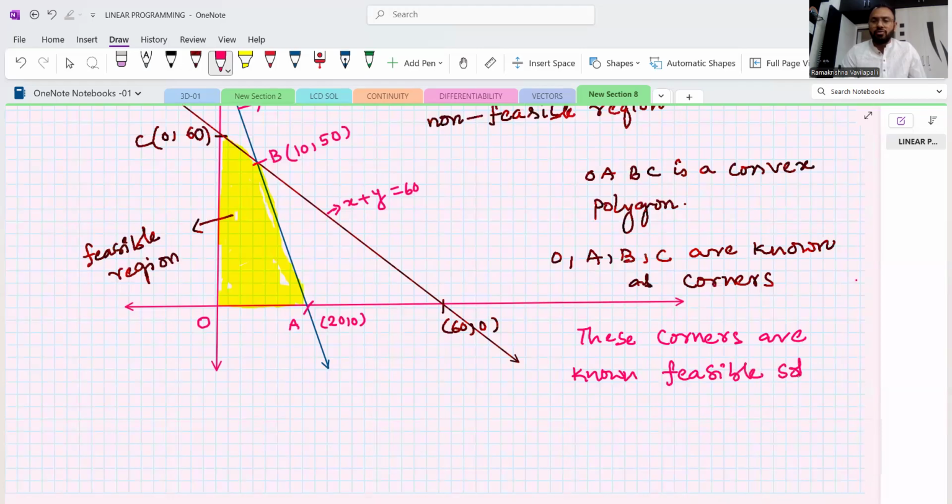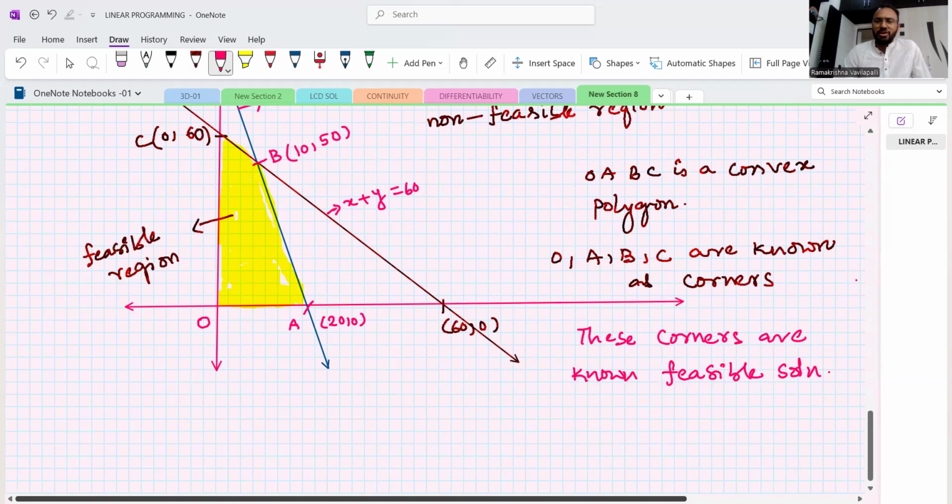So we have to substitute each feasible solution in our objective function so that you will get at which corner you will get a maximum profit. This is our motto.